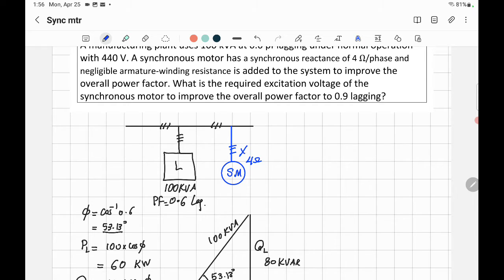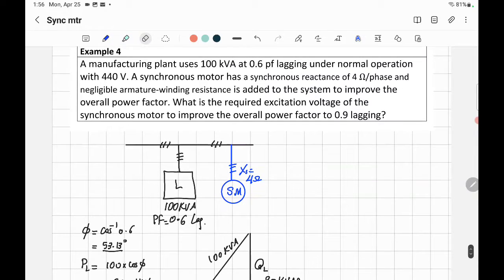That's XS. That's the information we got. And of course the voltage will be the same. You have 440 volts applied to the load and applied to the synchronous motor, the same thing. So let's write that the system is 440 volts, line to line, of course.